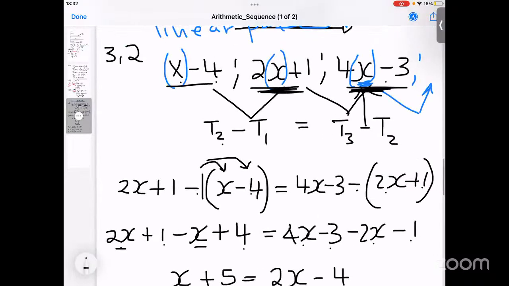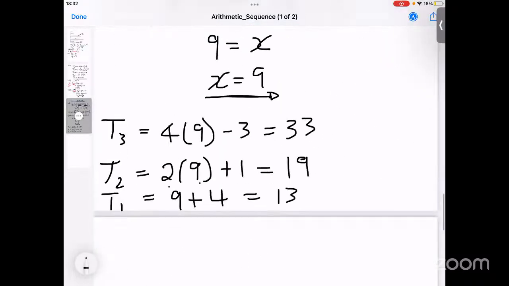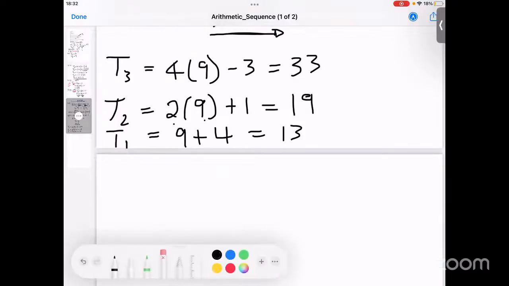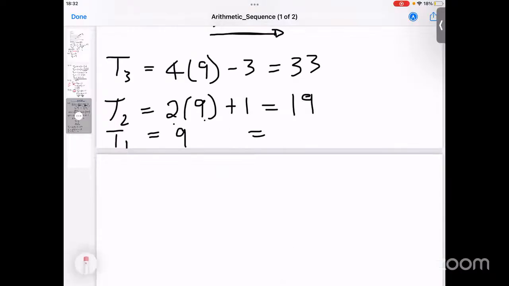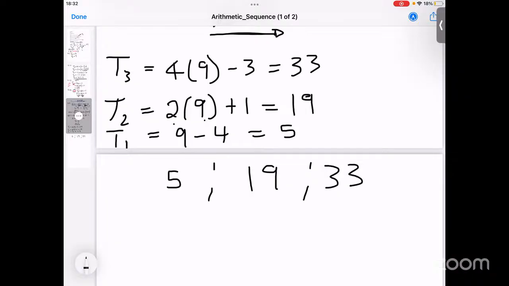Not plus 4, but minus 4, because I can see that there is a short gap there. Minus 4, and what will that be? Is it 5? Looks like it's 5. Which means you are having this sequence in terms of numerical values as that, and that, and up to that.